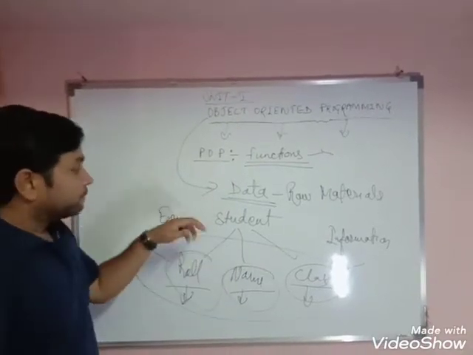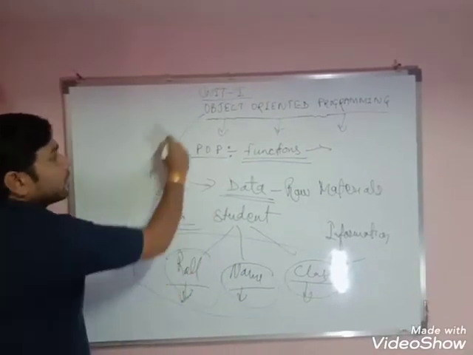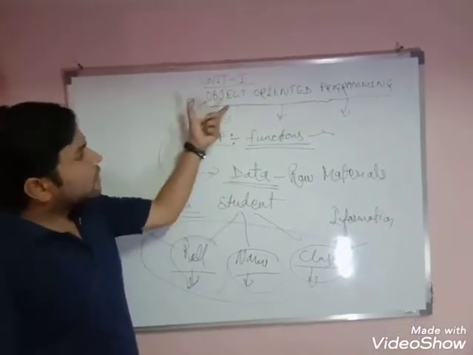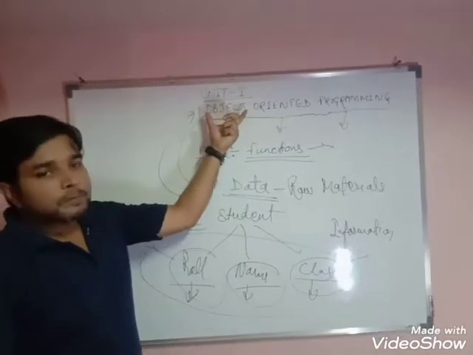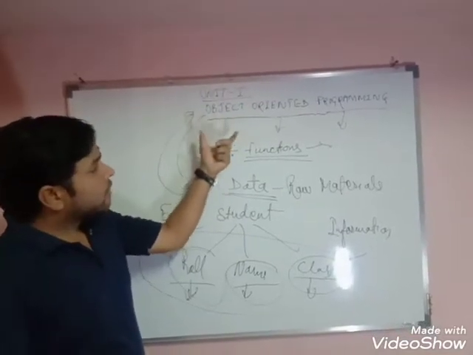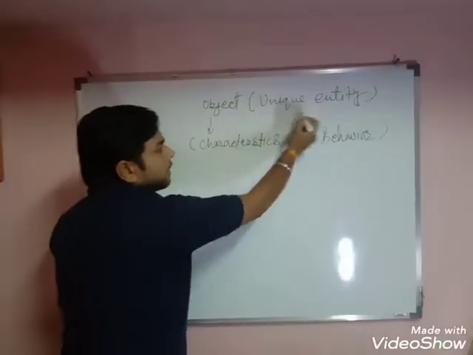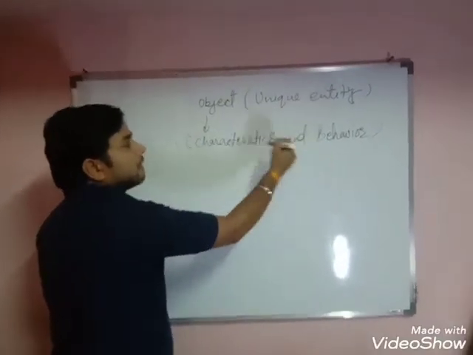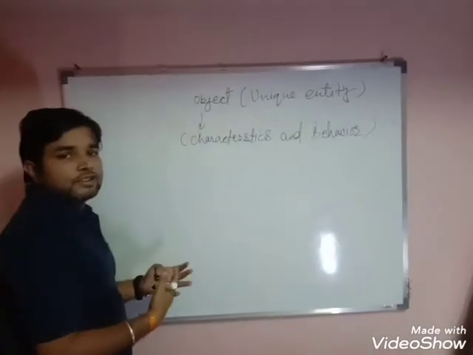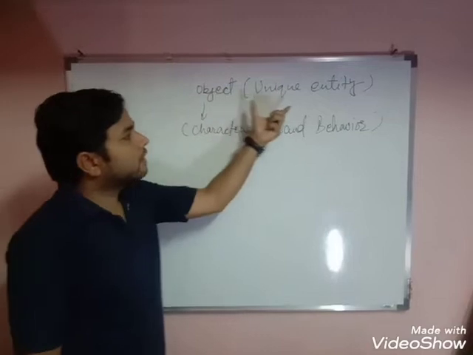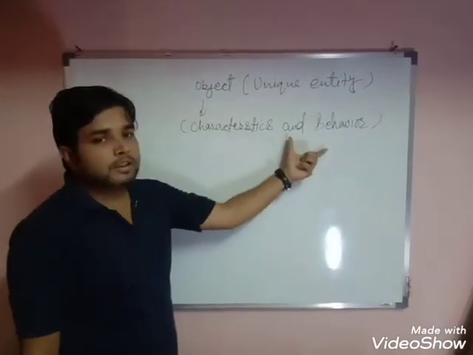Now to the data we can also say object. What is an object? In object oriented programming, the first word is object, so you have to know what an object is. An object is a unique entity which has characteristics and behavior.